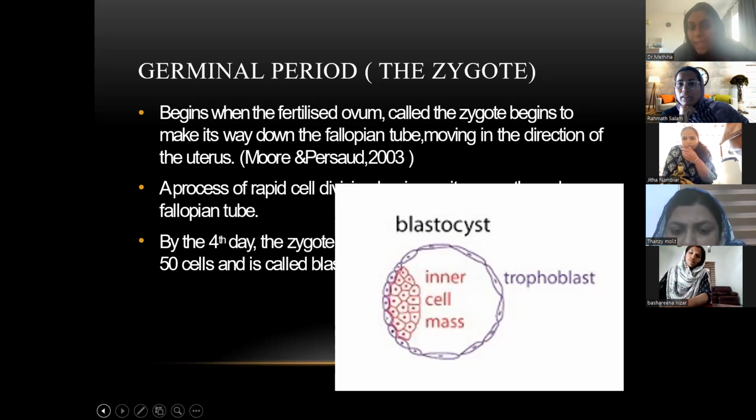And the outermost trophoblast layer forms the protection for the embryo. The fluid, the amniotic fluid, the amnion, everything comes inside the trophoblast, and the inner cell mass will completely get into the embryonic phase. Now move on to the next slide.